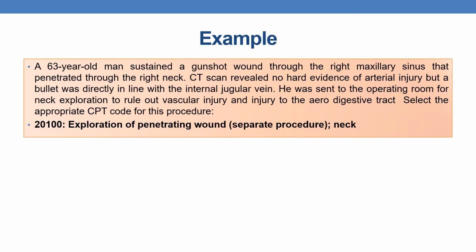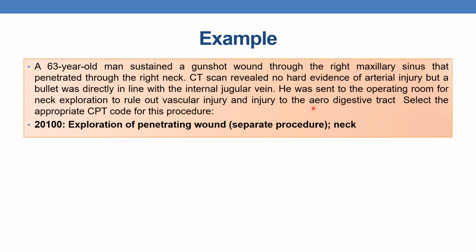Now let us discuss an example. A 63-year-old man sustained a gunshot wound through the right maxillary sinus that penetrated through the right neck. Here there is a penetrating gunshot wound that penetrated through the right neck. CT scan revealed no hard evidence of arterial injury, but a bullet was directed in line with the internal jugular vein.